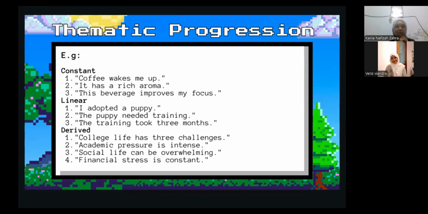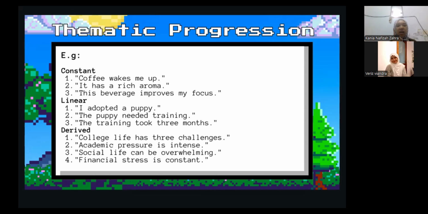So, what is the big general topic in the first sentence of this last type, derived? Yes, college life. And what are the three challenges mentioned? The first one, academic pressure, social life, and also financial stress.